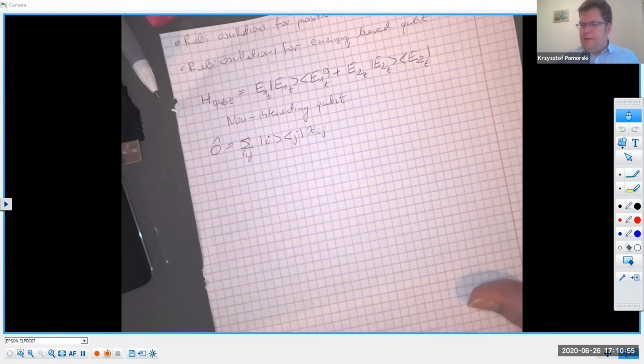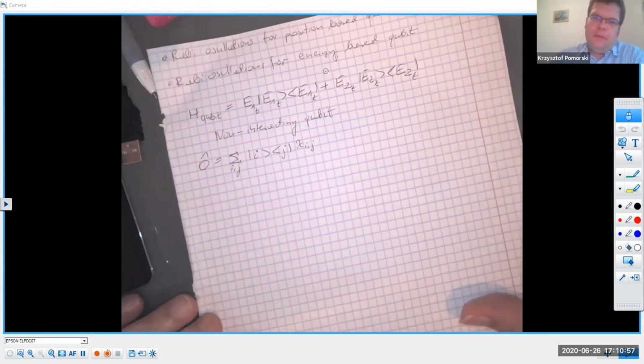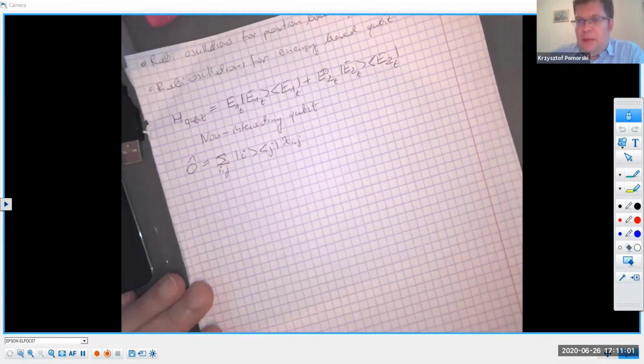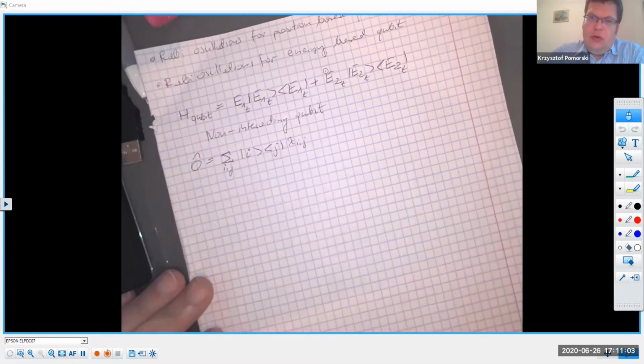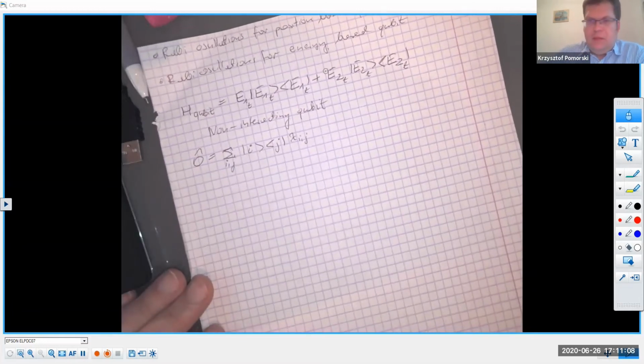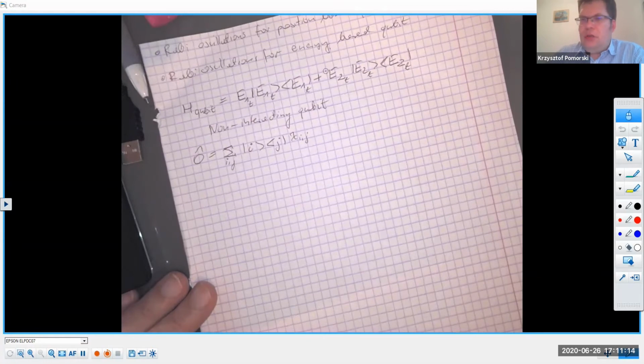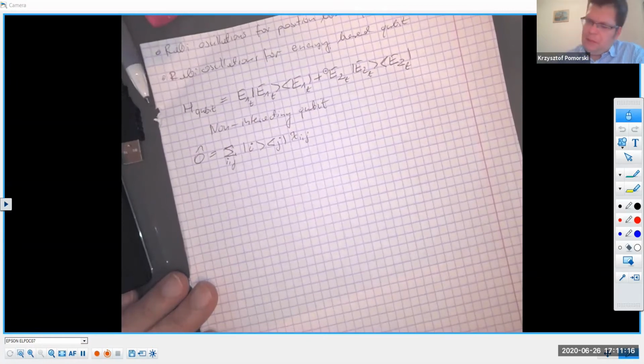And now we can consider certain processes that can happen. So the first process could be the possibility for a quantum state to heat up or cool down.